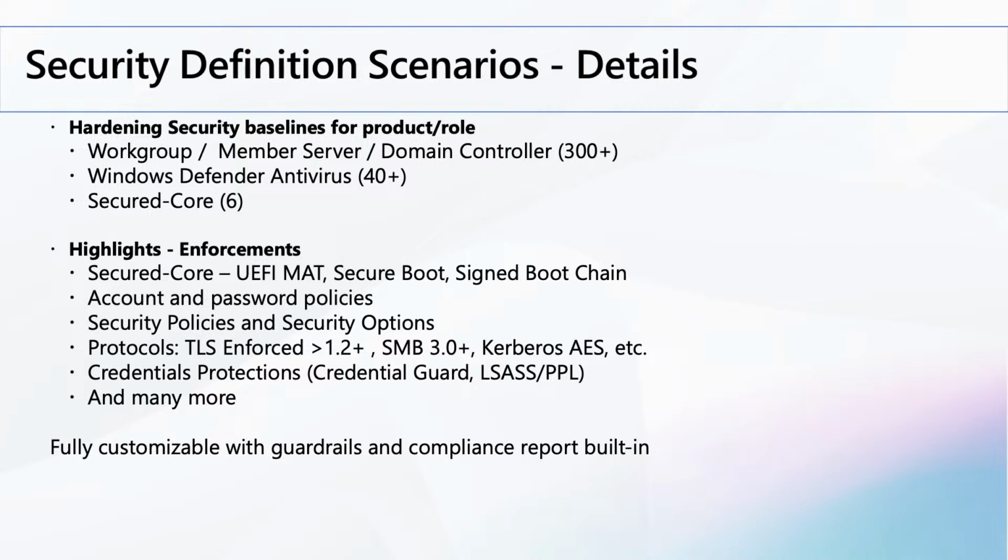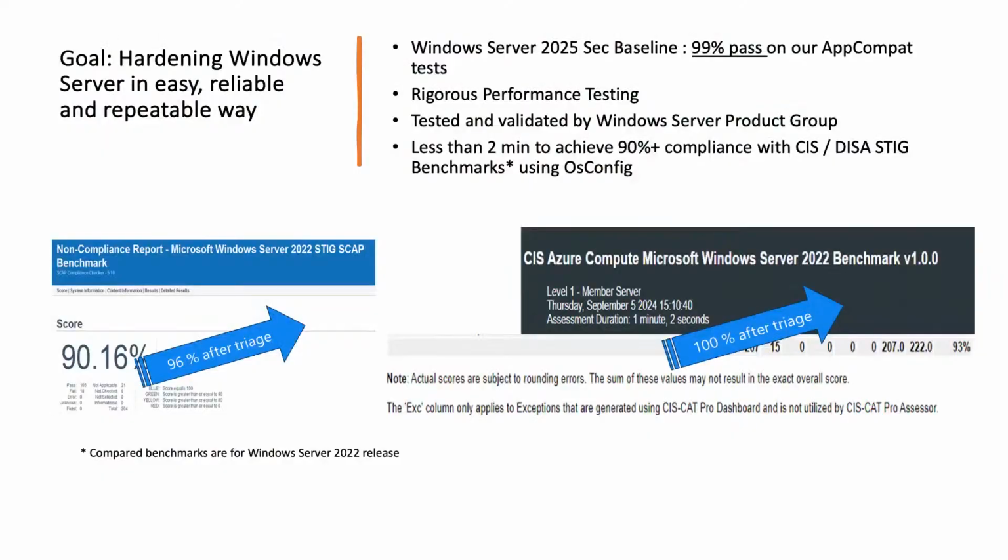And we understand that this is an exhaustive list of 300 settings, and I want to make sure that we build good confidence from customers' perspective so that they don't feel that their workloads can break because of this. So what we did is we did a due diligence of running a thorough app compat test with 400 plus applications, and we received a 99% pass rate.